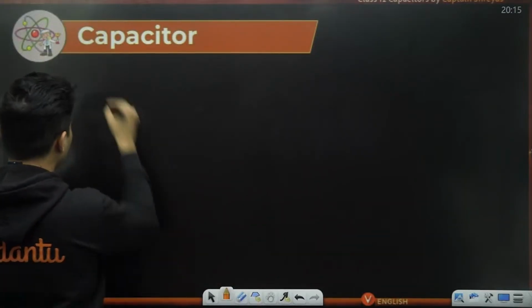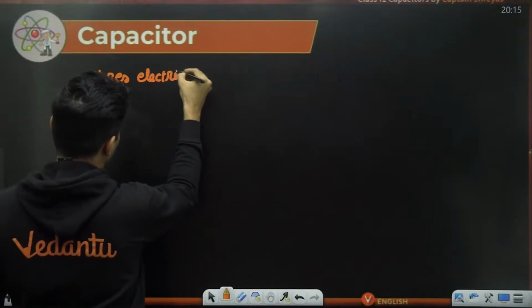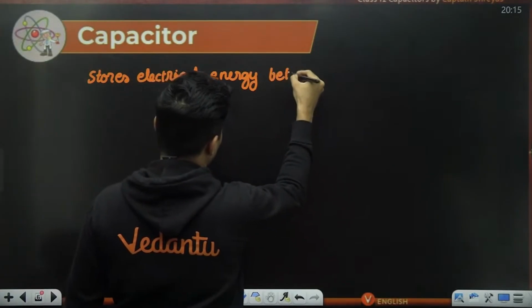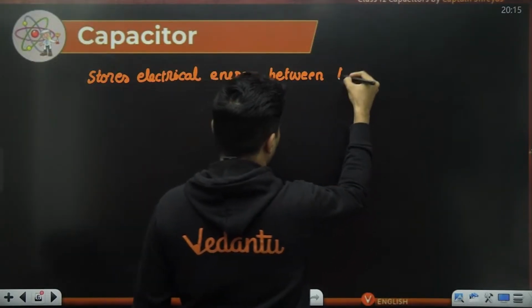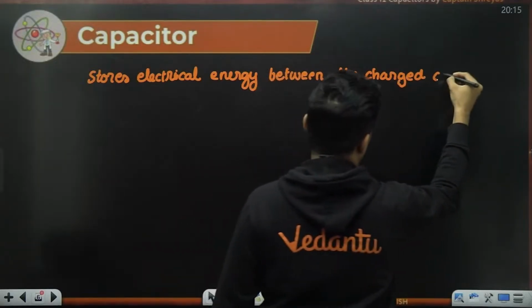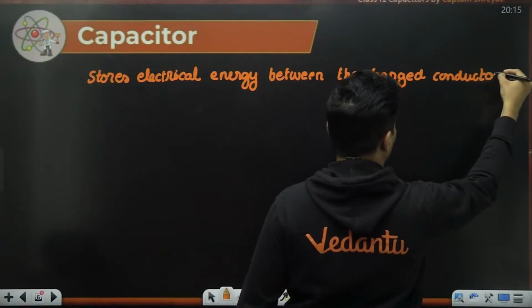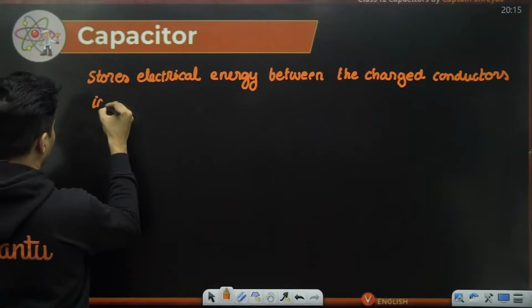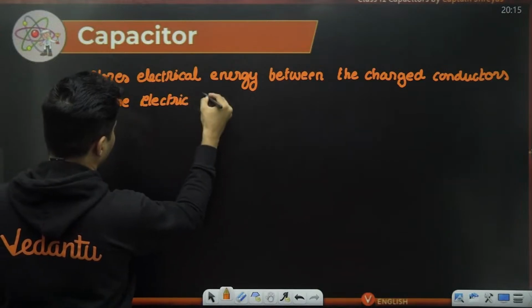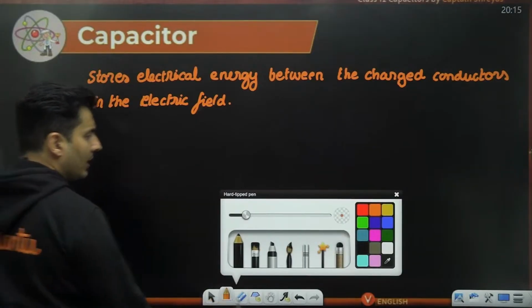So, a capacitor basically stores electrical energy between the charged conductors in the electric field. So that is what can be said.